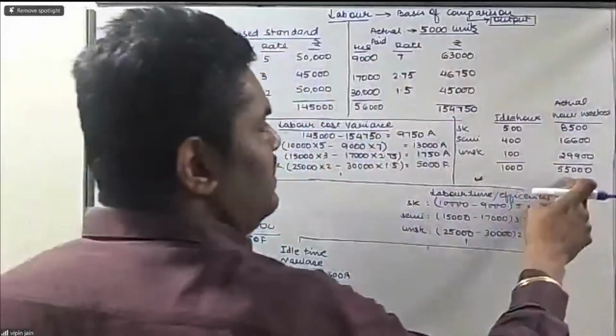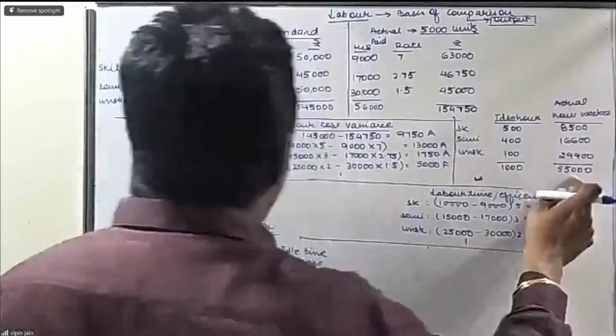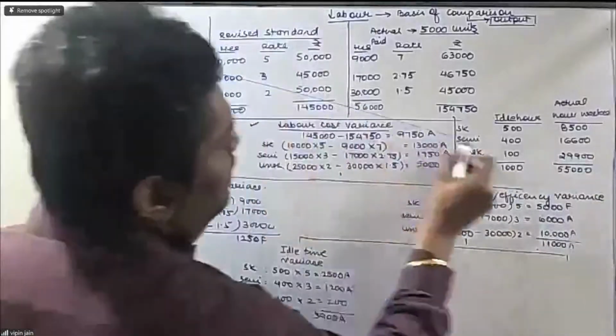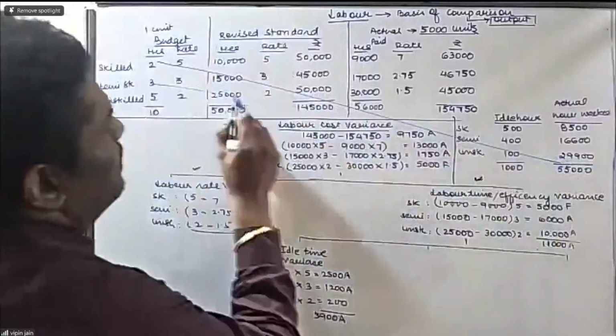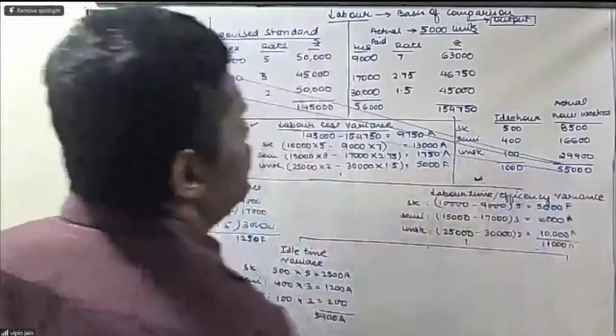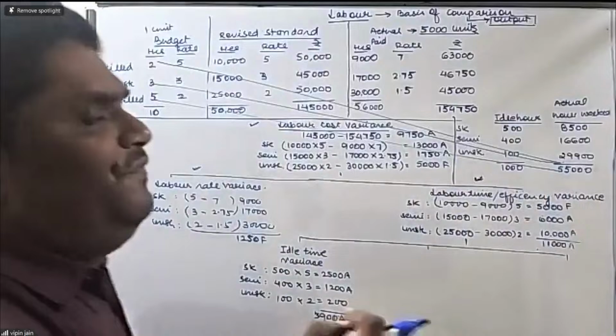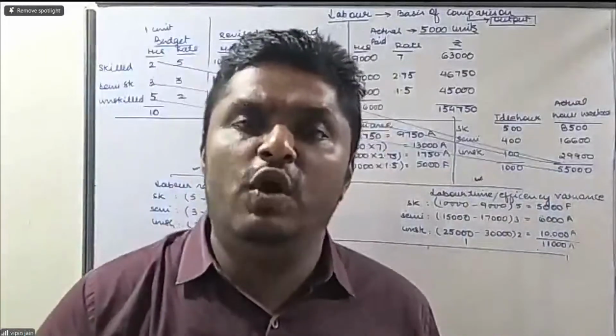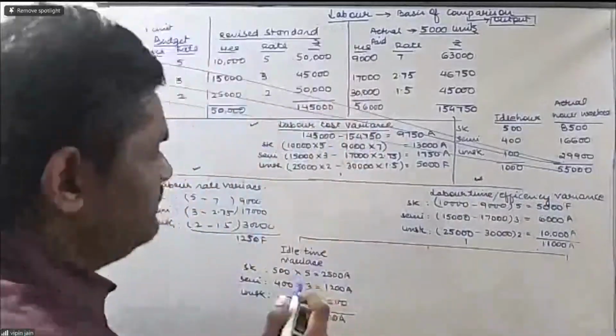So very simple, guys. 55,000 is the total actual hours worked. This should be in the ratio of 2:3:5.